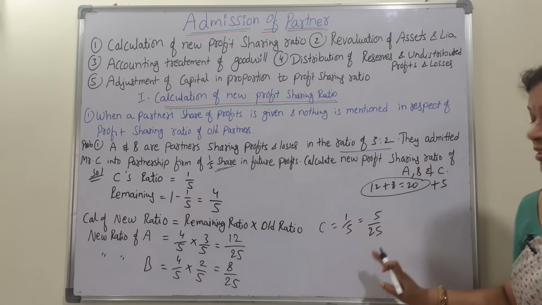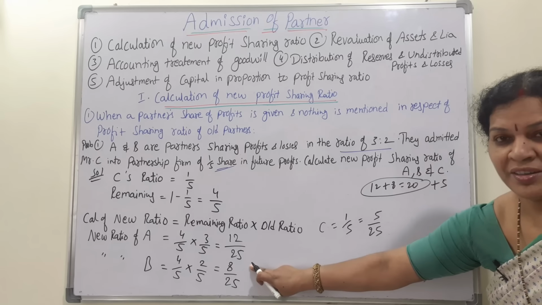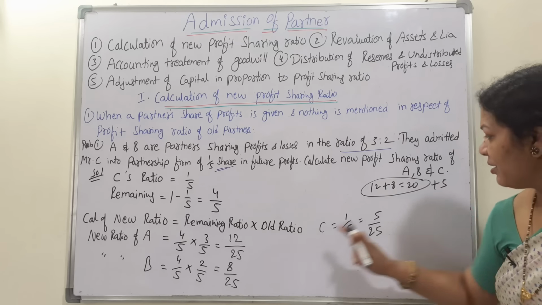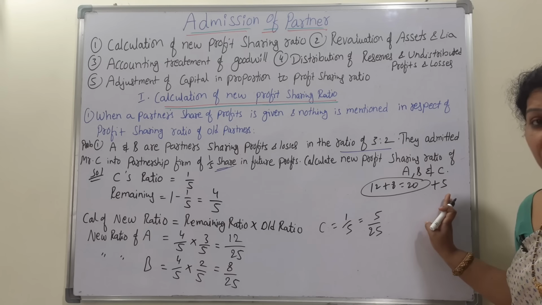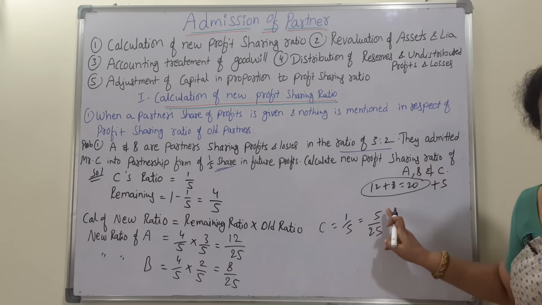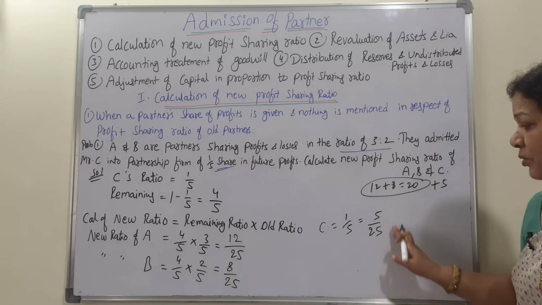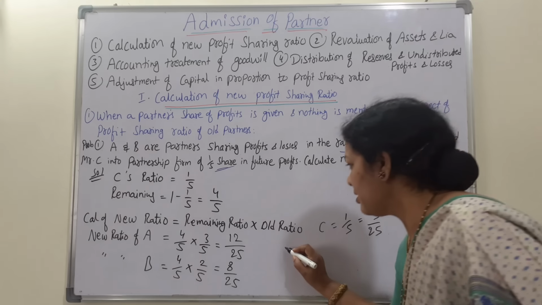Am I right? So 12 plus 8 is 20, and together it should be 25, so if you add 5, it will be 25. So 1/5 is nothing but 5/25. That is the new ratio.